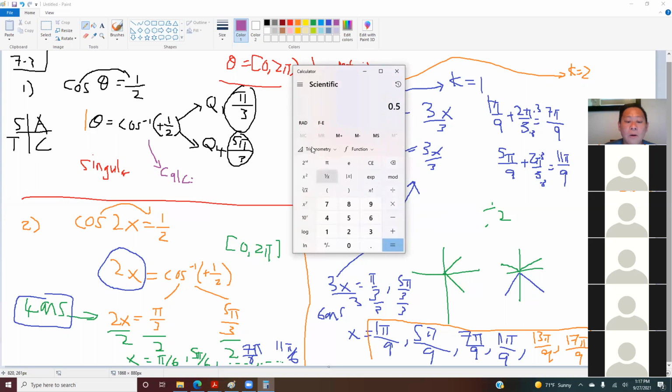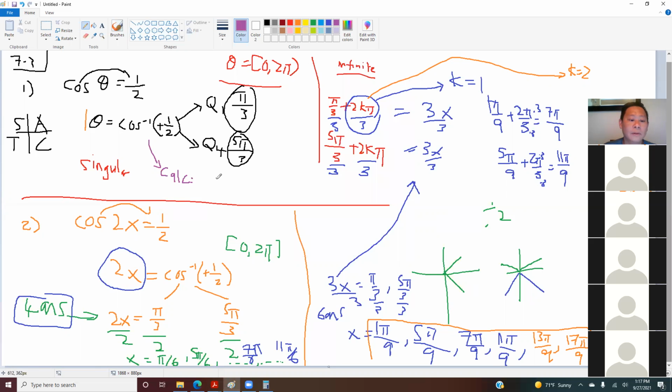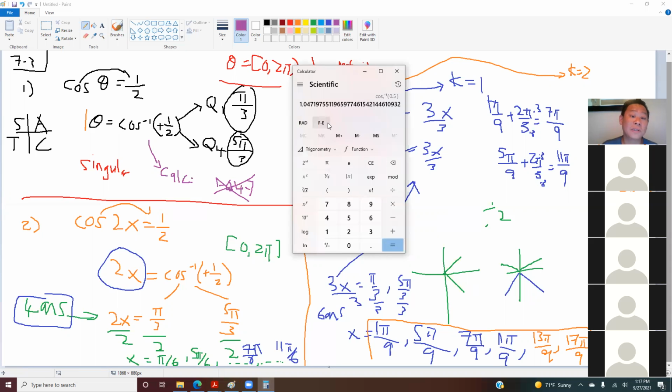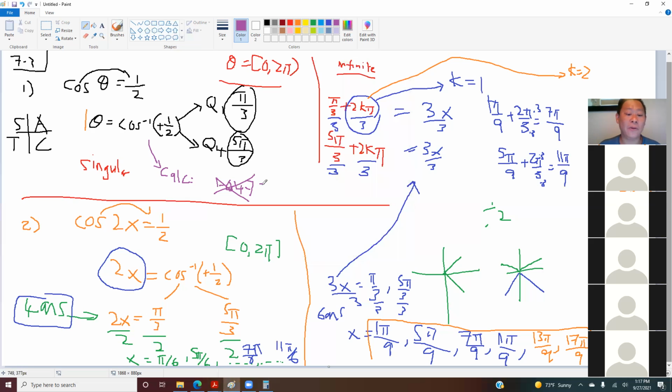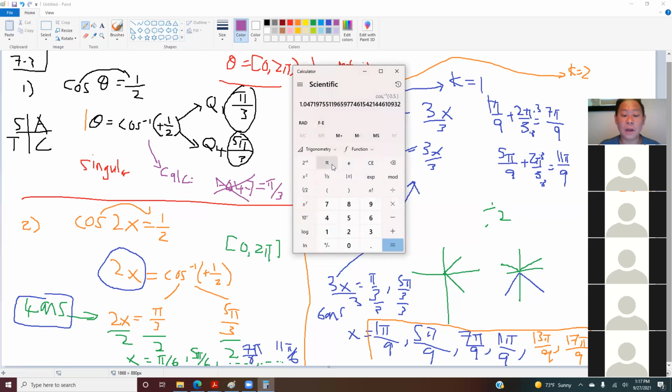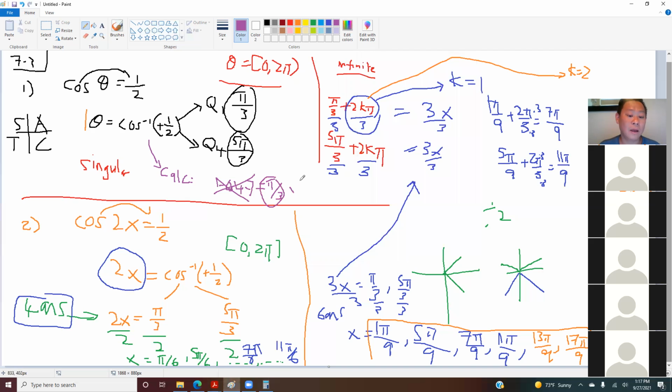When you do arc cosine of 1/2, you will get 1.047. This is wrong. In radian form this is 1.047. I do not want this. This is not exact. This is the same as pi over 3. If you take pi divided by 3, you will get the same thing. So this is what I want, not the decimal.